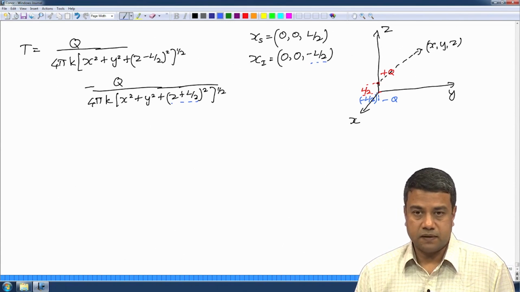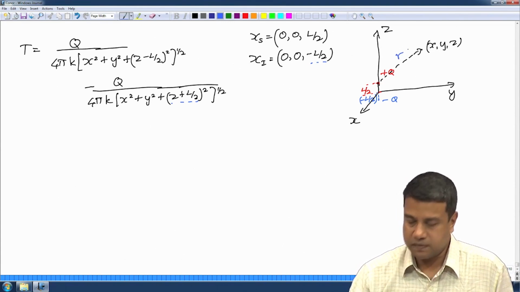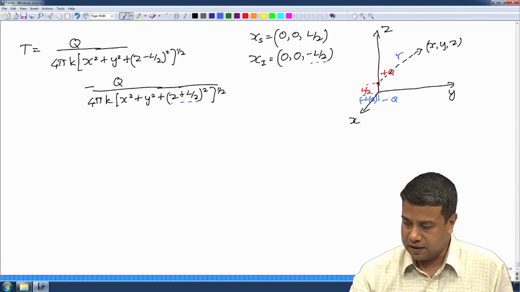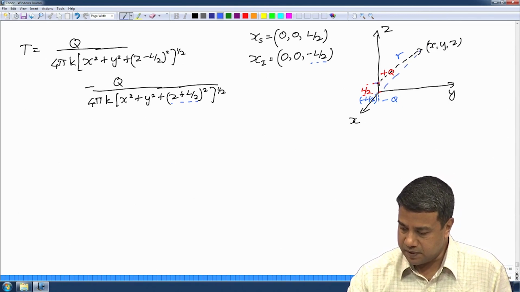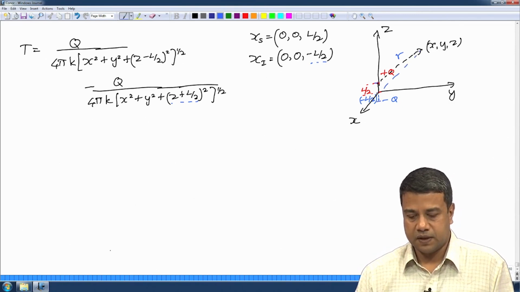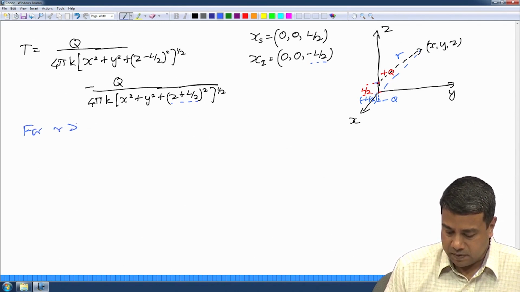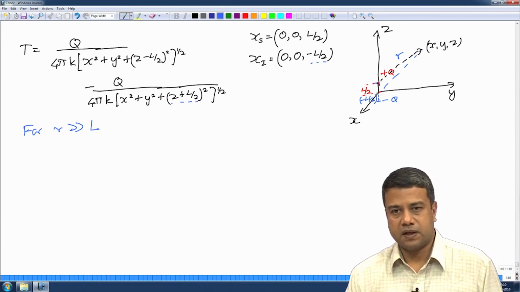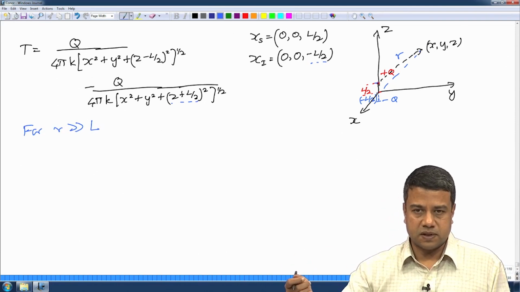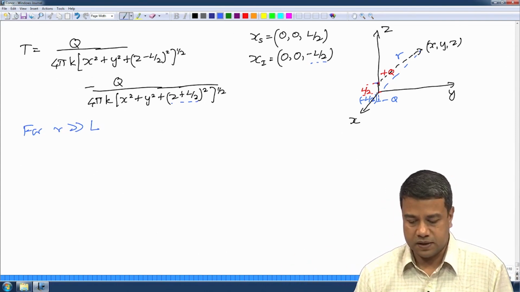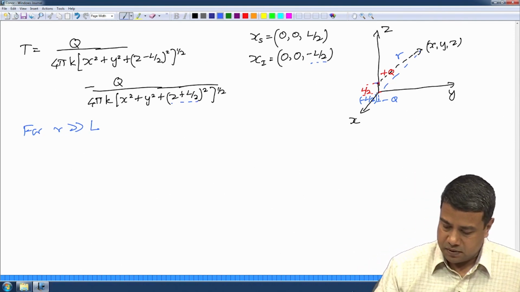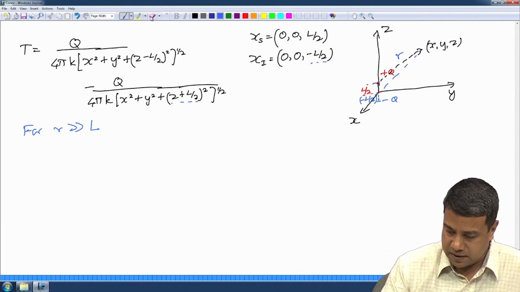Now, what happens if the distance from the source or the sink is much larger than the separation between these two? In other words, what happens for r much greater than L? The distance from the source or the sink is much larger than the separation between these two. So, what you can do is to expand this temperature field.